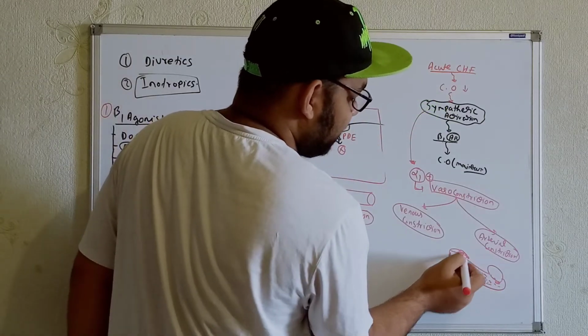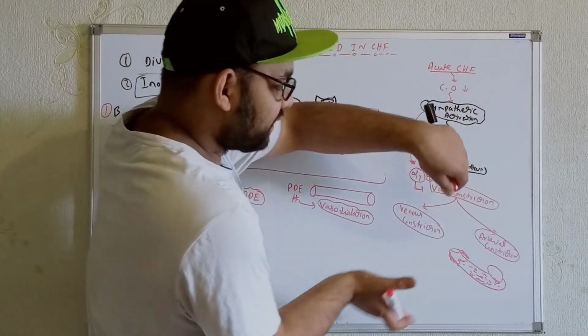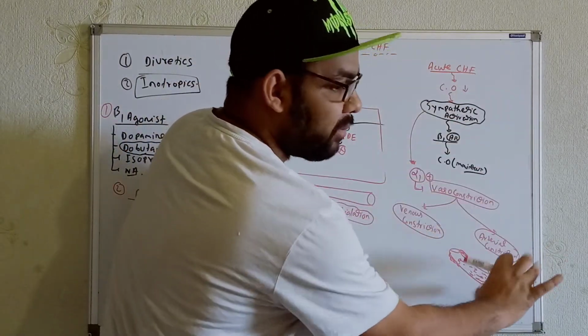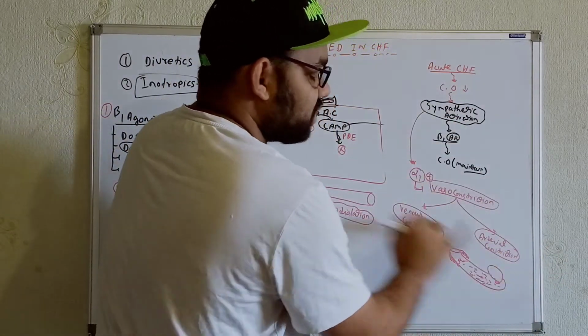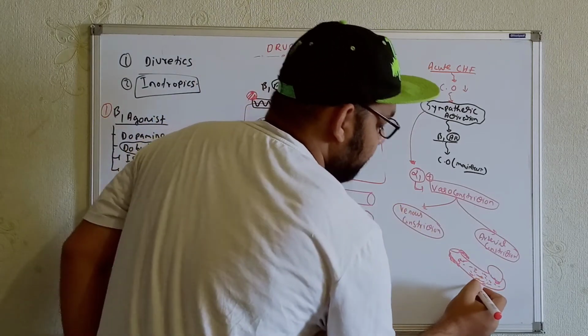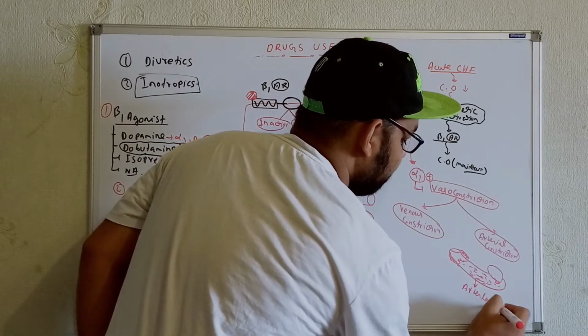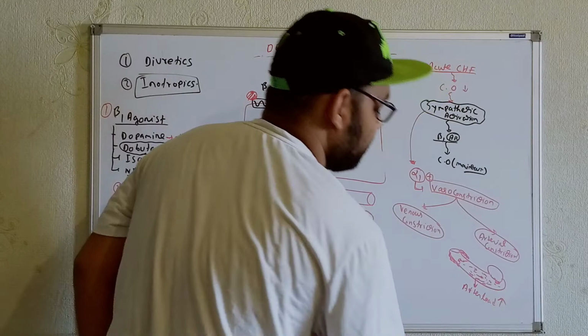Whenever the aorta is contracting just like this, the left ventricle needs to pump more to squeeze the blood from the left ventricle into the aorta. As a result, the afterload will get increased. Okay, this is the problem.